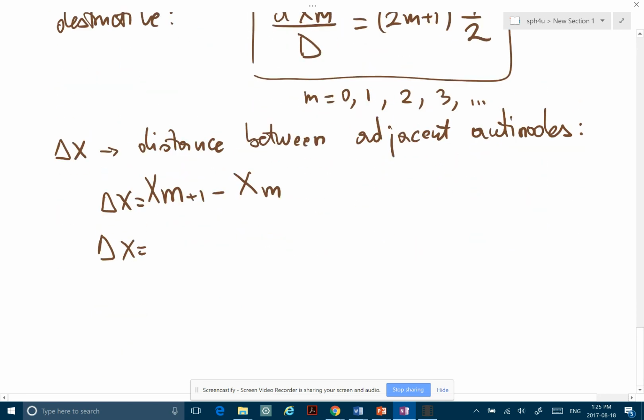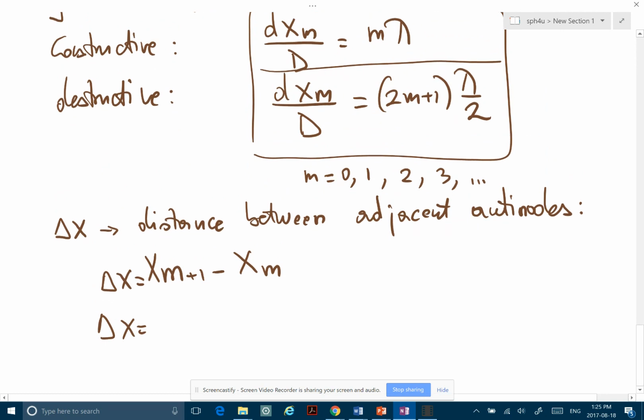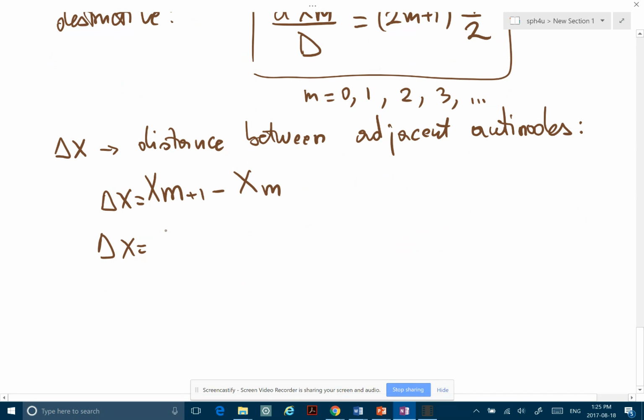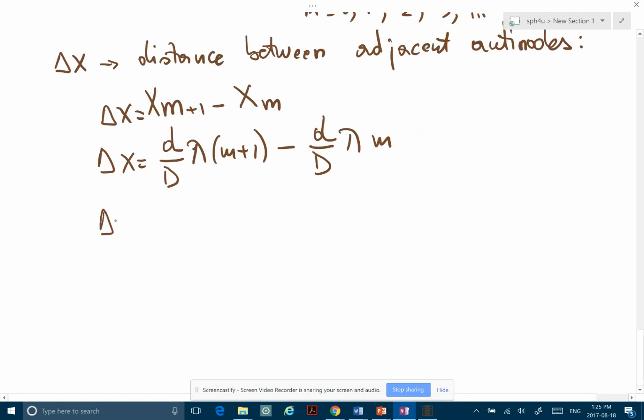So we have D over d times lambda times (m plus 1) minus D over d times lambda m. And if you factor out the common factors, you have D over d times lambda.